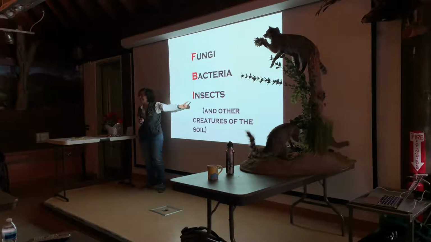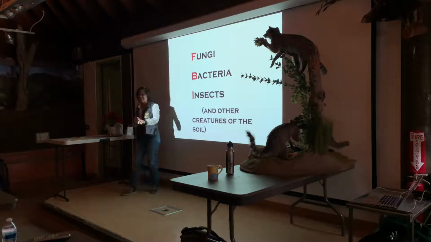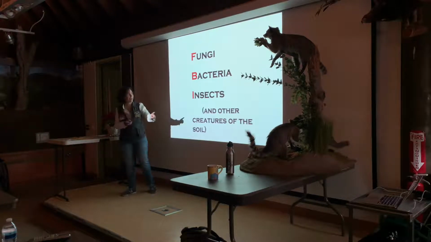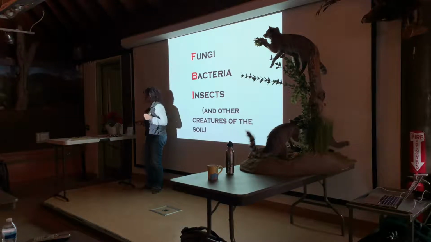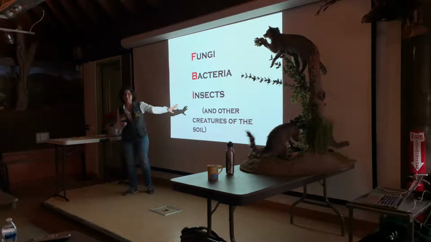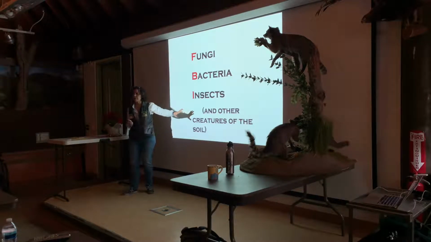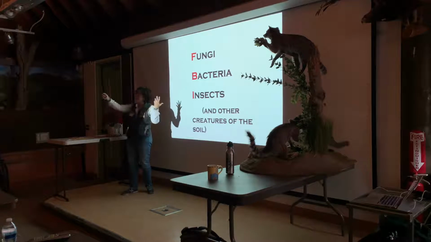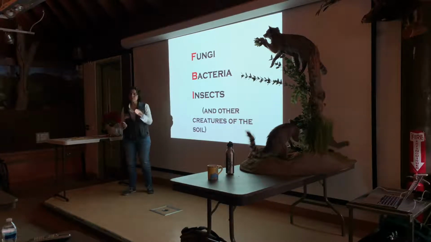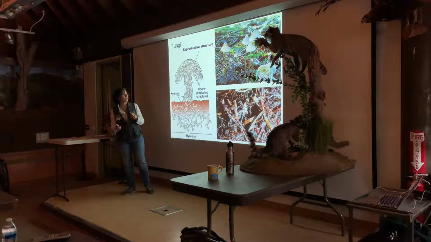The FBI breaks down the stuff that's left over, that's not alive anymore: fungi, bacteria, insects, and other creatures of the soil. The FBI are things that are not dramatic and gorgeous like that mountain lion, right? But they're really important, okay?